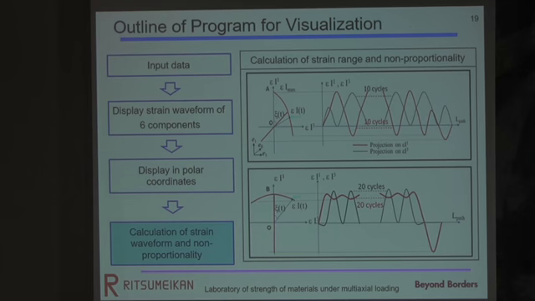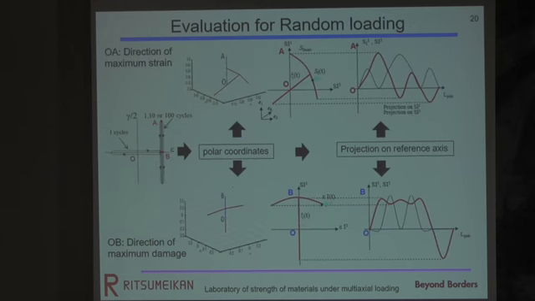And in the program, we use three types of method for the reference axis. So one method to define the reference axis is the direction of maximum strain. This method is already explained.